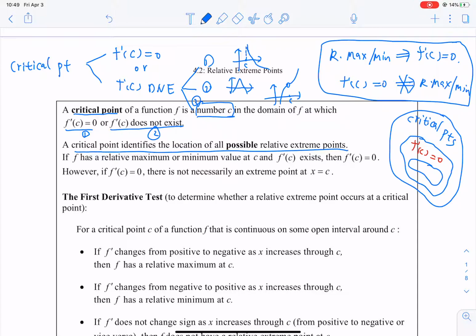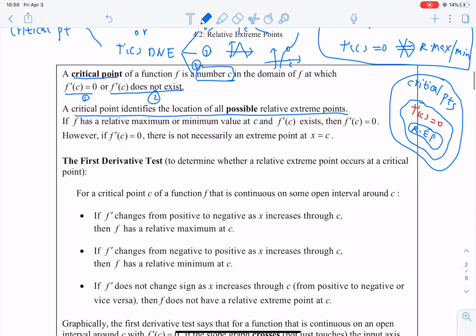And the relative extreme point is just one of the possibilities. So actually, if it is a relative extreme point, it must be a critical point. Critical points are not just the relative extreme points. So you can see the relation.